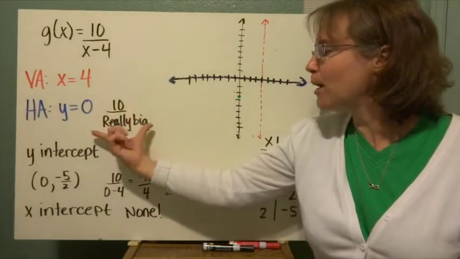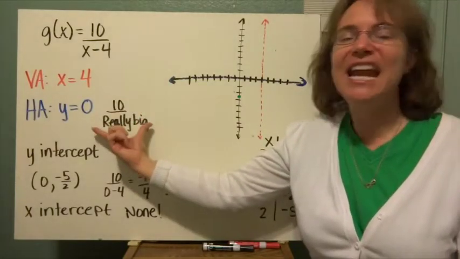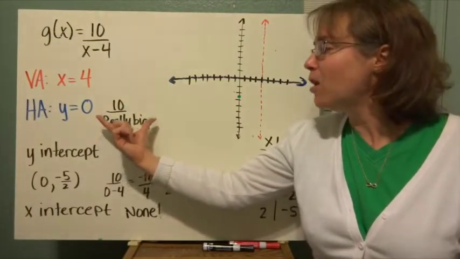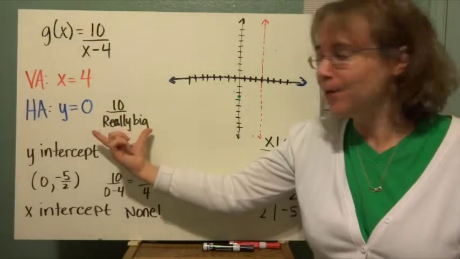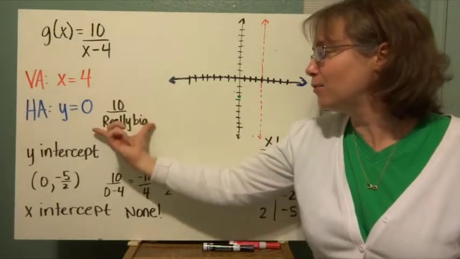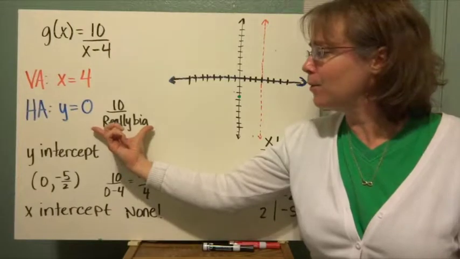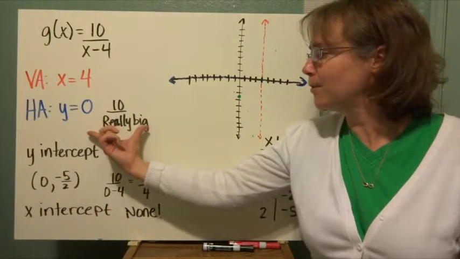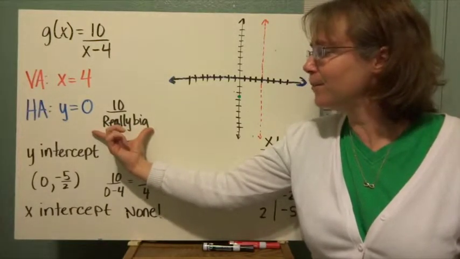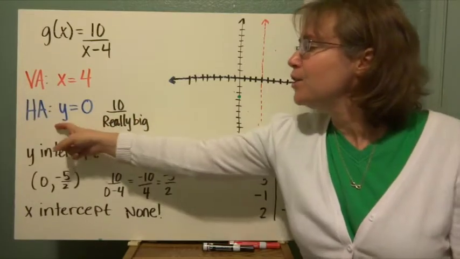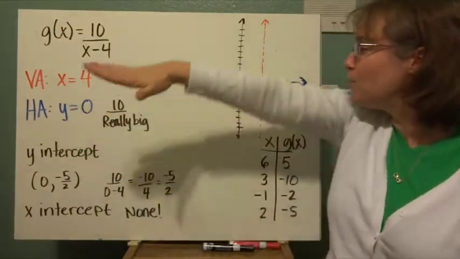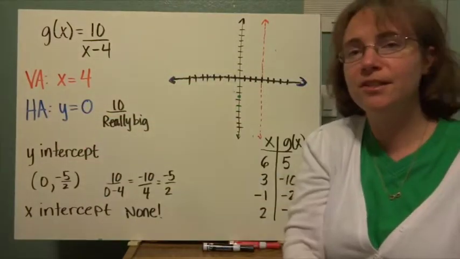So 10 over a million or 10 over negative a million. That's going to be awfully close to 0 if I have a constant over a really positive or a really large negative number. That's going to be close to 0. So my horizontal asymptote is going to be at y is equal to 0.